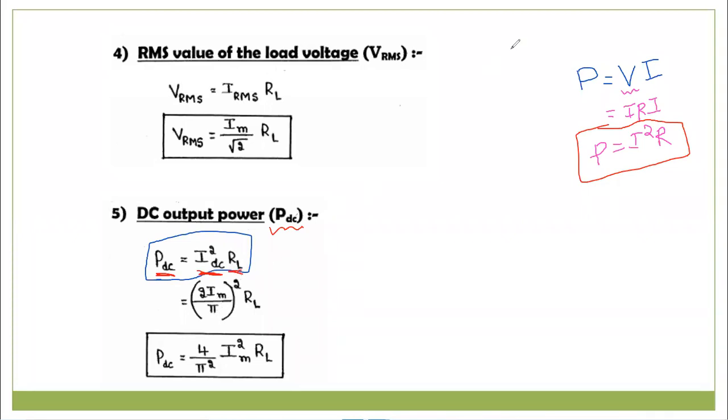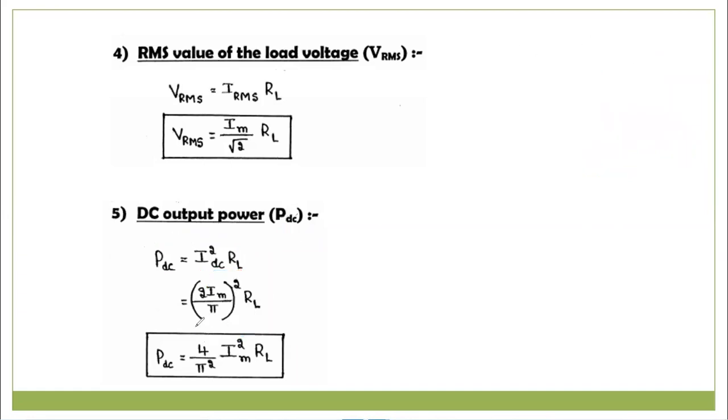That value is substituted here: IDC is replaced by 2 Im by pi whole square into RL. If I expand this expression, 2 square is 4 and pi becomes pi square. So this is the DC output power. The formula for DC output power is PDC is equal to 4 by pi square multiplied by Im square RL.